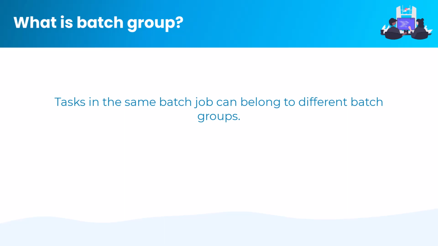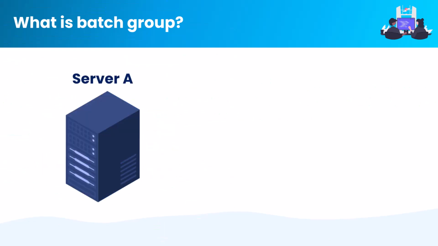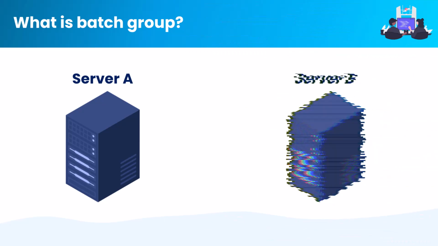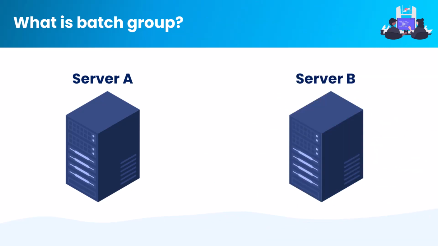I have shown that one task can be in a batch group, or a batch group can have multiple batch jobs. The tasks in the same batch job can belong to different batch groups. For example, server A is set up to print reports, and server B is set up to send electronic documents from one place to another.